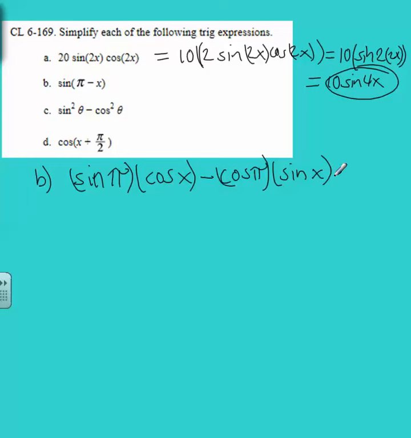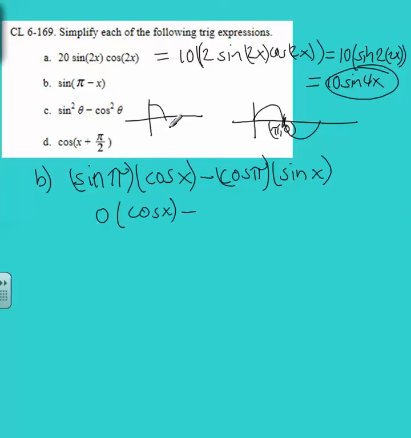Now it's time to simplify. So what's the value of sine of pi? Quick little sketch here of sine. Here's pi. Looks to me like it's 0. This is the point pi, 0. So this is 0 times cosine of x minus. Now we're going to take a look at what's cosine of pi.